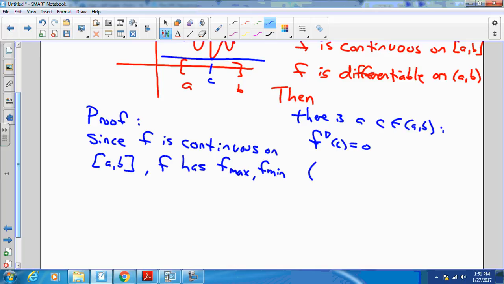And what is the name of that theorem? It is called the extreme value theorem.